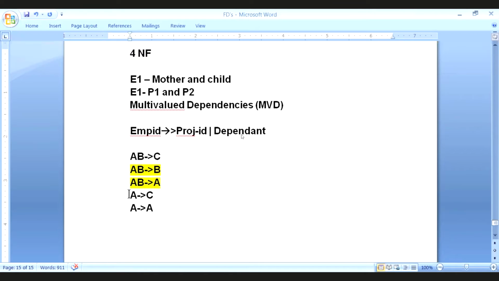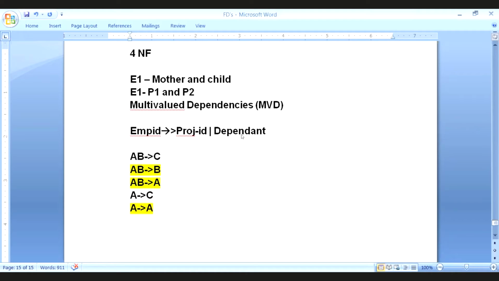And if A to C is given to you, then A to A is also a trivial FD, always true. Okay, so we don't have to apply any axiom to find out. It is a trivial case. It will be always true. A determinant determines itself. A determinant determines its subsets. So the same concept here, and these are non-trivial.